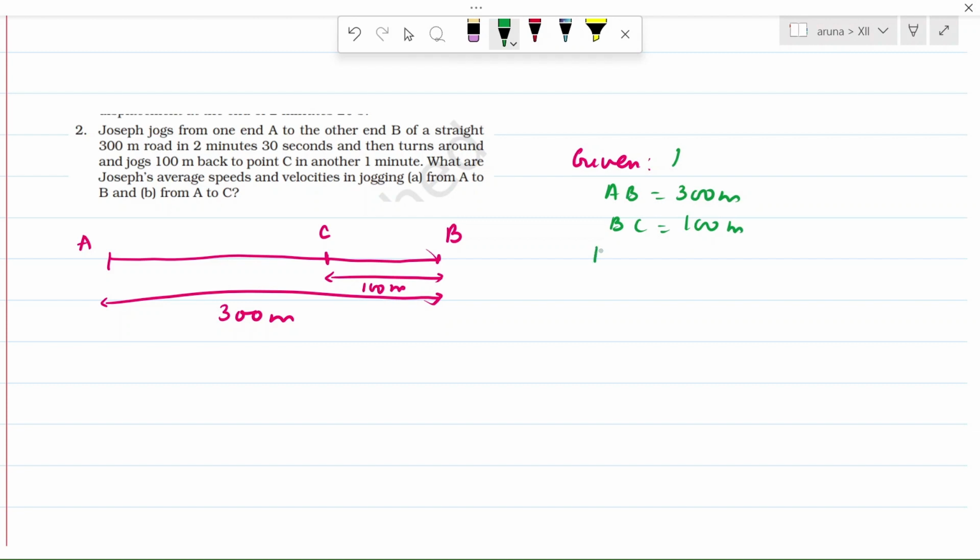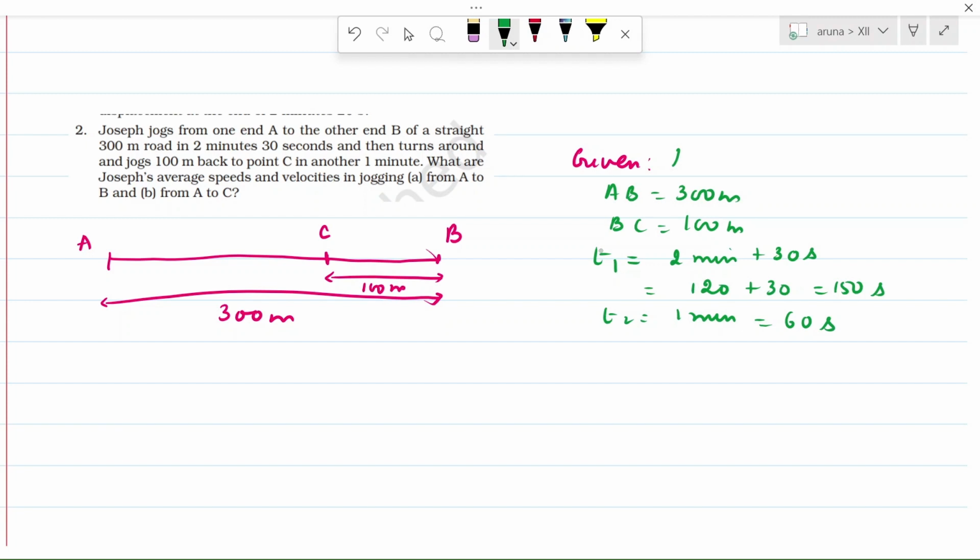The time in going, T1, is 2 minutes and 30 seconds, which is 120 plus 30, so 150 seconds. Time in returning back is 1 minute, 60 seconds. So this is how you get the breakup of the time also.